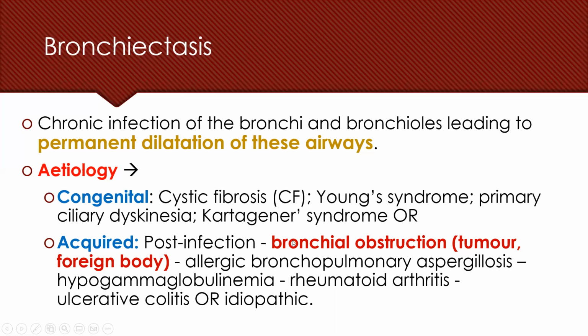A very important clinical scenario again: allergic bronchopulmonary aspergillosis, hypogammaglobulinemia. You will find this question in past medicine exams about the relationship between hypogammaglobulinemia and bronchiectasis, rheumatoid arthritis, ulcerative colitis, or finally it may be idiopathic.